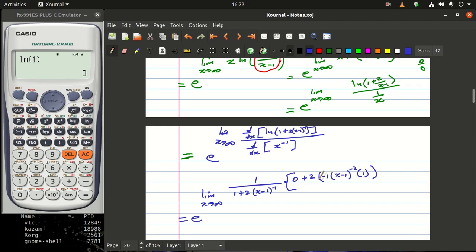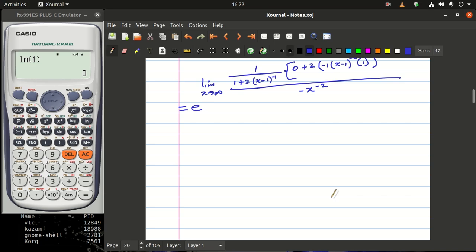So that is what we are going to get inside. We have 2 times minus x minus 1 raised to minus 2. And then this whole thing we divide by the derivative of the denominator, which is going to be minus x raised to minus 2. So that's how we actually end up with this. I have e, I have the limit as x approaches infinity. Then we are trying to clean this whole thing up.